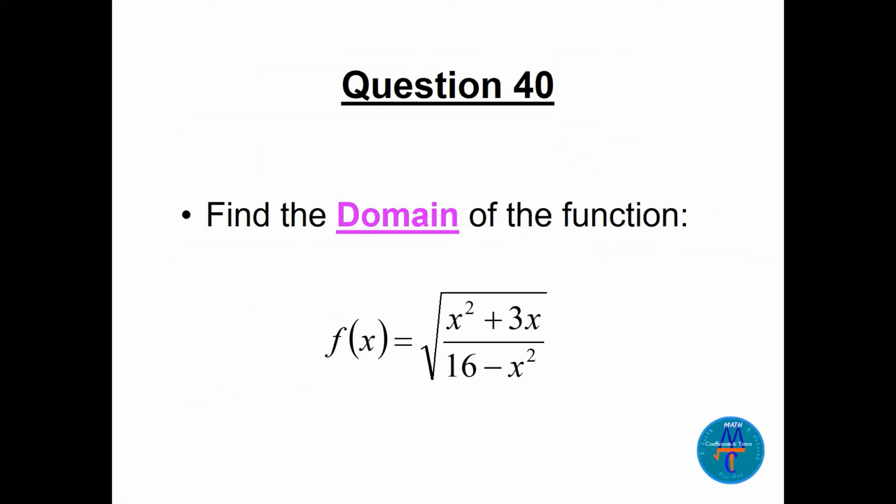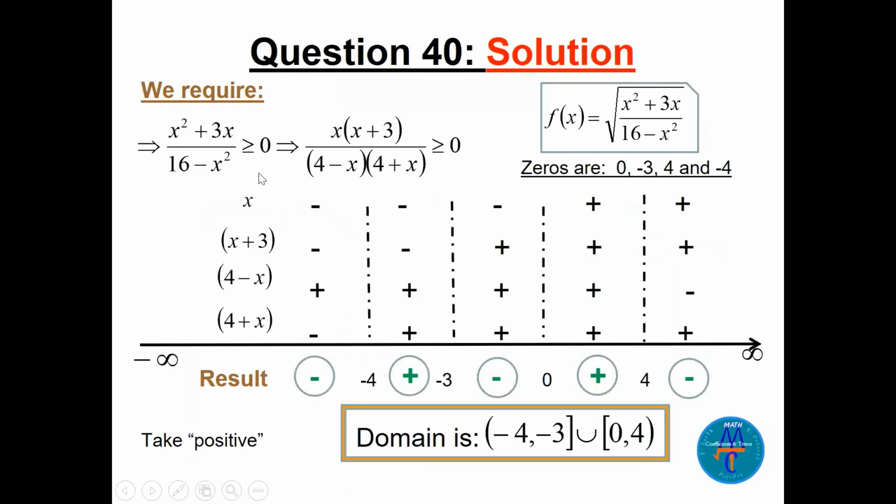Find the domain of this function. Straightforward question, not difficult. You have a square root, so we take everything under the square root, the radicand, all of it together, greater than or equal to 0. Factor it and find the zeros. Make a table of signs, because we have x + 3, 4 - x, 4 + x.